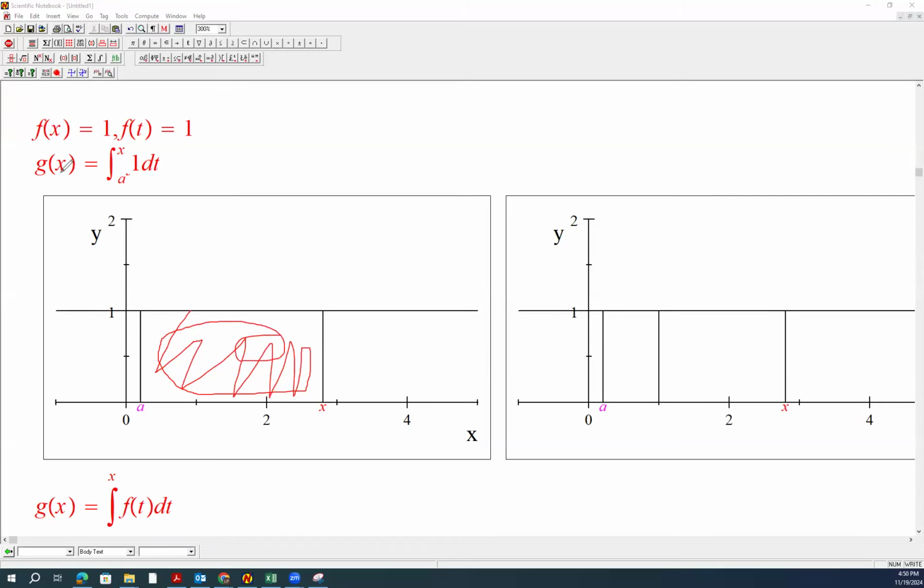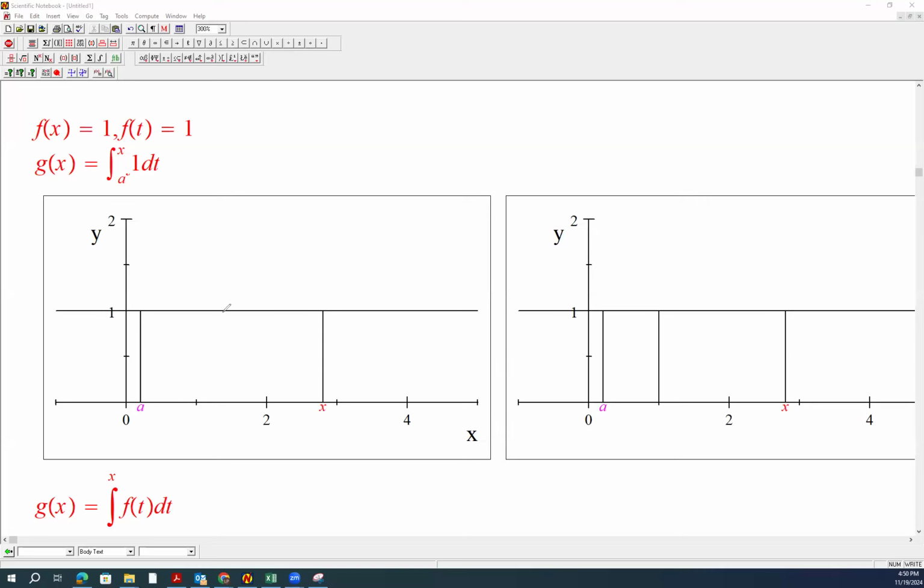You imagine for this x value, the area is this much. If x was here, this would be the area, so that would be the rectangle.